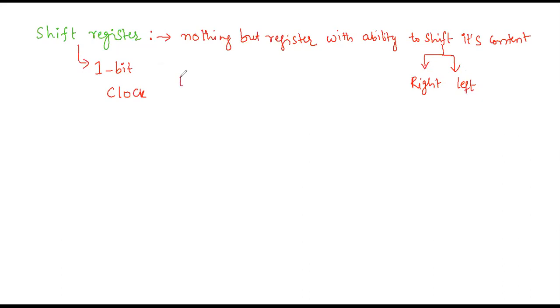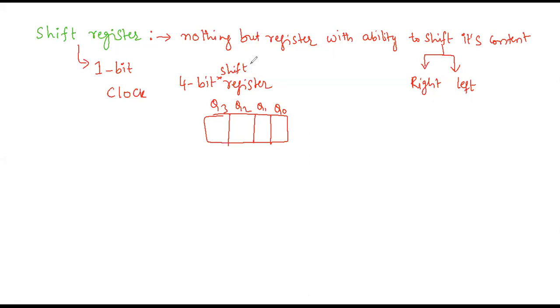For example, take a 4-bit register with Q3, Q2, Q1, Q0. This 4-bit shift register has the ability to shift its contents.